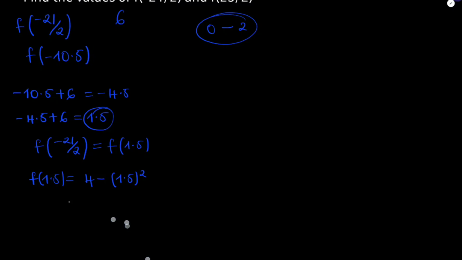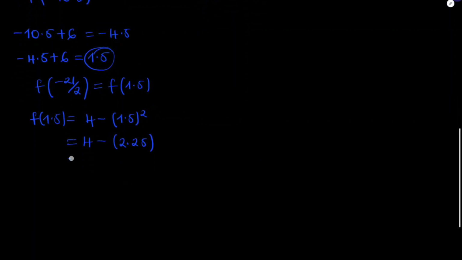Let's simplify this. 1.5 squared is 2.25, so we have 4 minus 2.25, and this will give us 1.75.